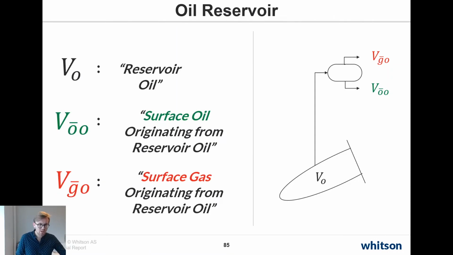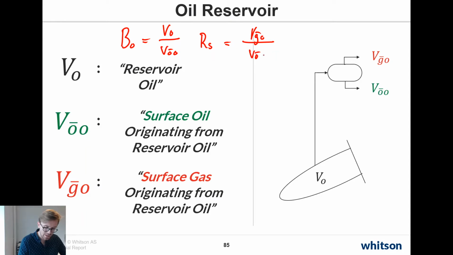We know that these numbers are used in how we define the formation volume factor specifically for oil, right? So we know that B_O is equal to V_O over V_Ô,O, and R_S is equal to V_Ĝ,O over V_Ô,O, right? And this is what we need to calculate in place volumes for oil.